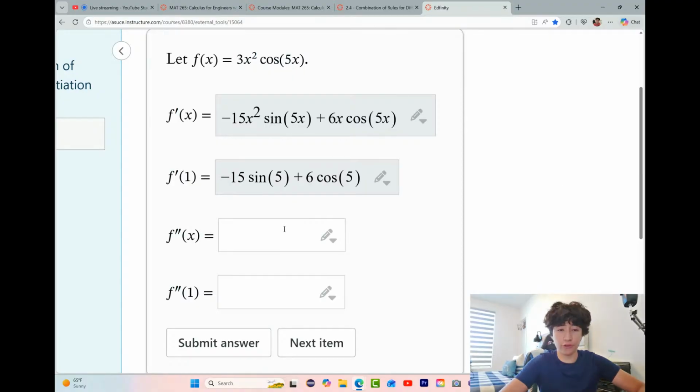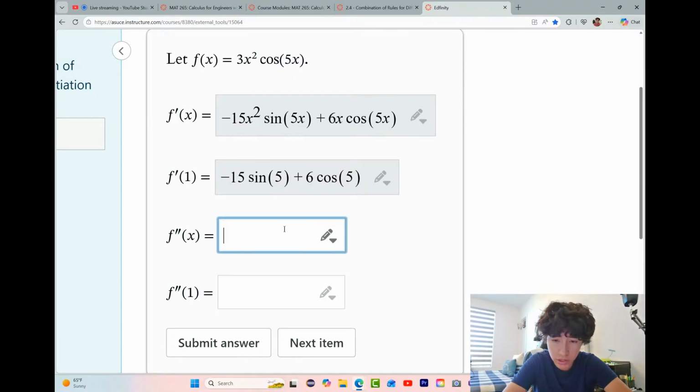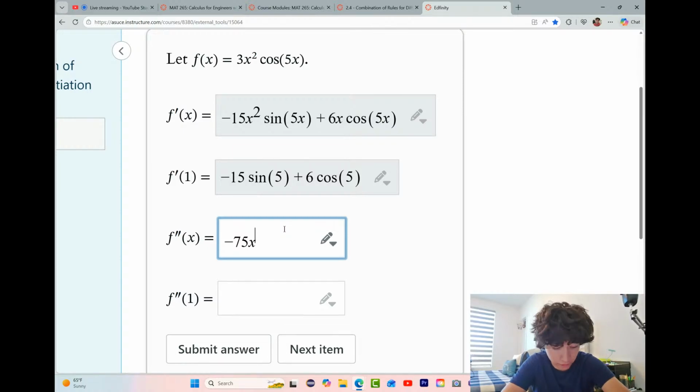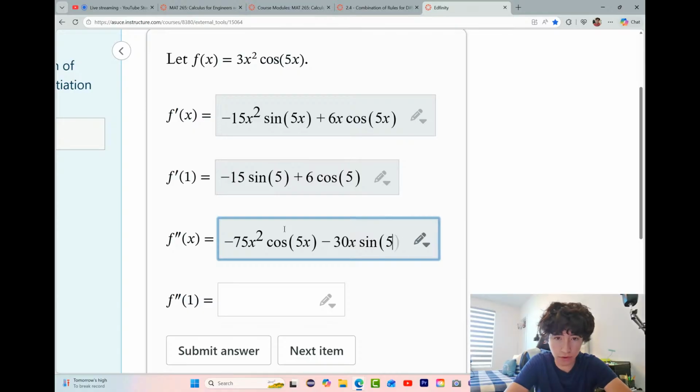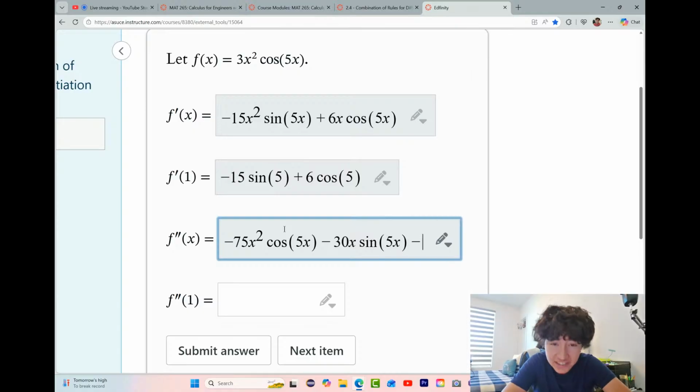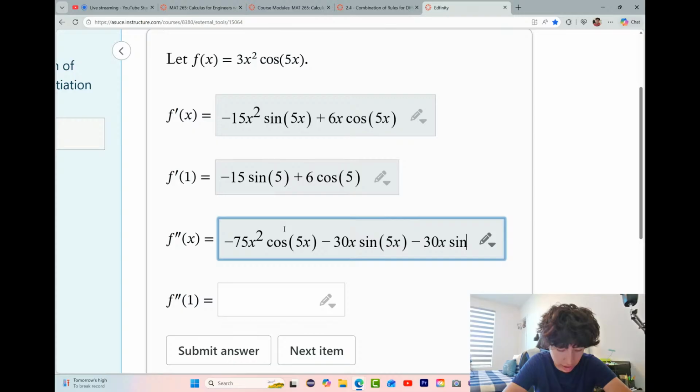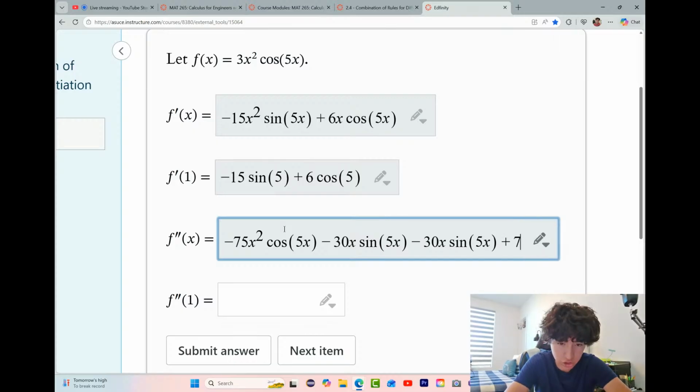And adding that together, we get negative 75x squared cosine of 5x minus 30x sine of 5x minus 30x sine of 5x plus 6 cosine of 5x.